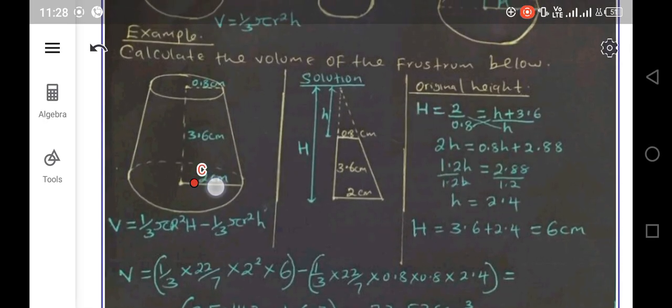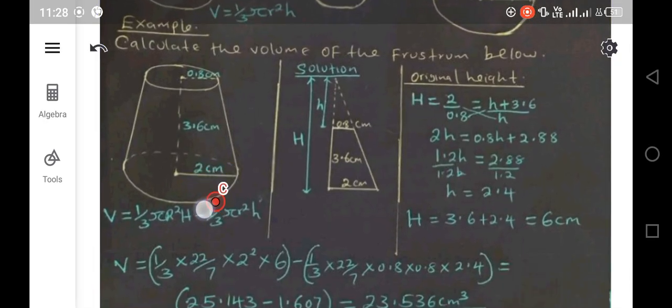The volume of a frustum is a third pi r squared h, where r is the bigger radius and h is the height of the original cone, minus a third pi r squared h.